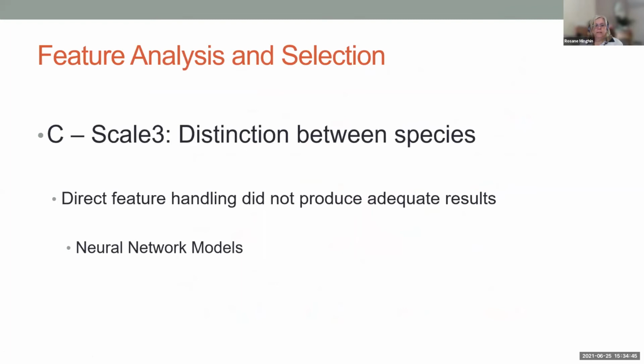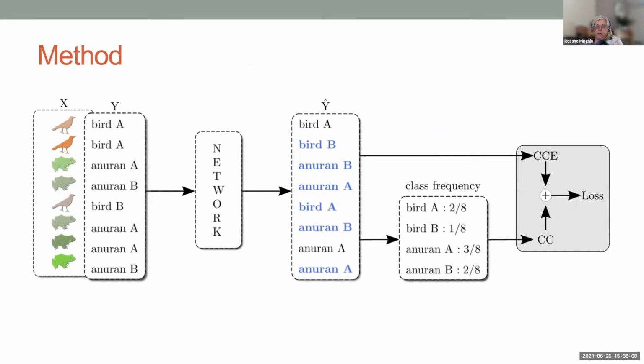Now, when we get to scale 3, I'm not going to give details because it's a lot more complex than the time allowed, and I know I'm ending my time here. But when we try to describe or discriminate species inside the same environments, we had to resort to neural network models, which we have been using quite successfully, I would say. Those also use quantification as a way of feeding back into the process to improve data collection.